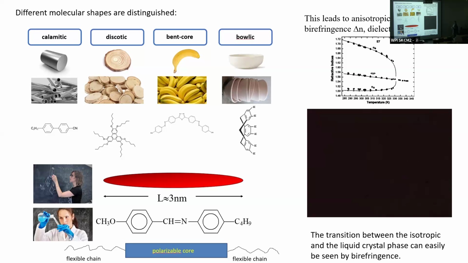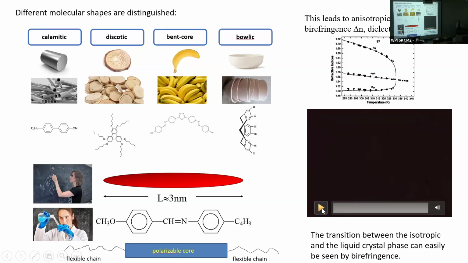Okay, but you can see this transition very easily in a polarizing microscope, and you start out with the black texture of an isotropic liquid, and you cool it down.